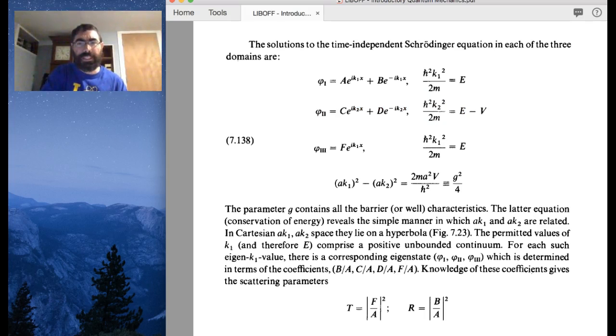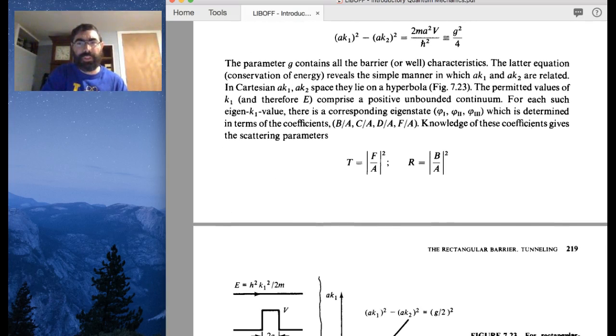So what he does is to say that we're interested not necessarily in solving for the wave functions, but in getting the transmission and reflection probability coefficients.